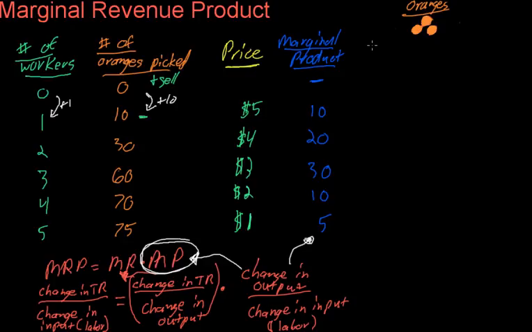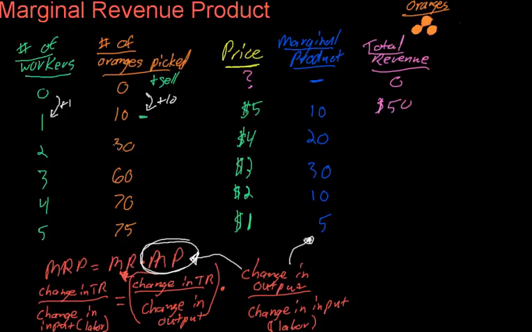So first I'm just going to calculate total revenue. This should be a no-brainer at this point. If it's not, go back and review. But if we pick 0 oranges, no matter what the market price is, I didn't specify it, so we don't know what it is, our total revenue is going to be 0. Then 10 oranges times $5, that will be $50.